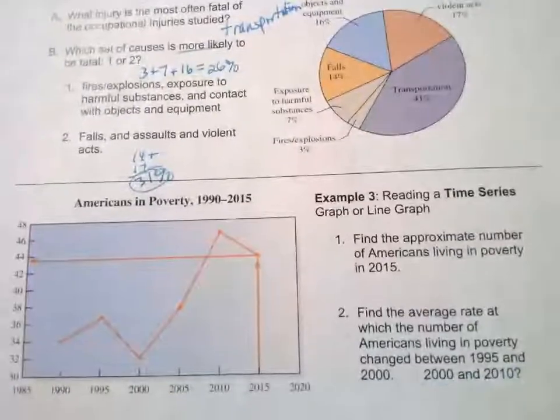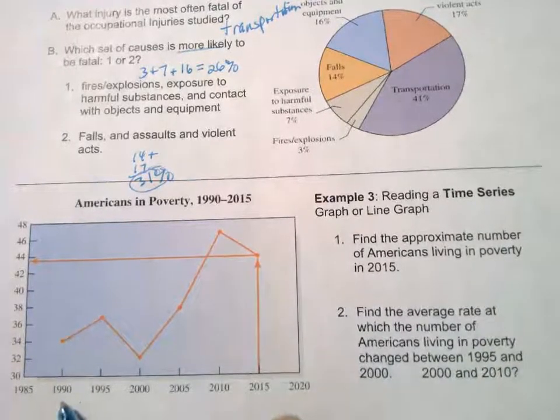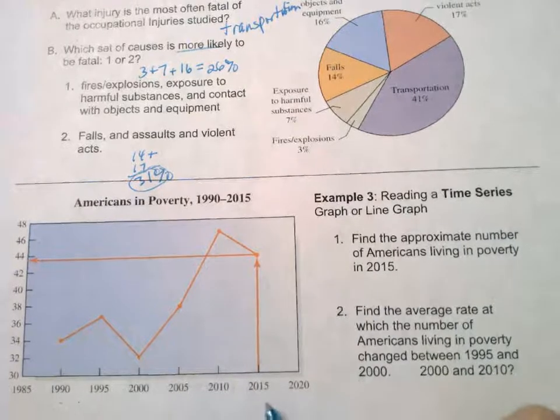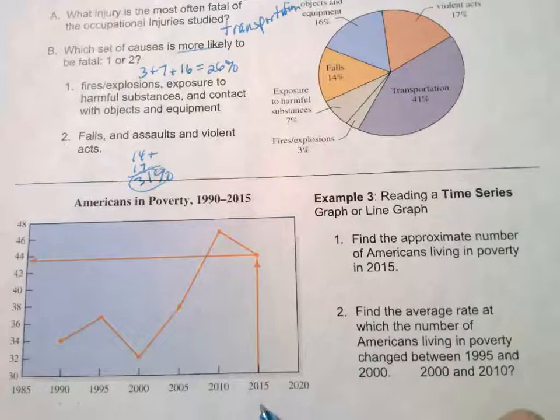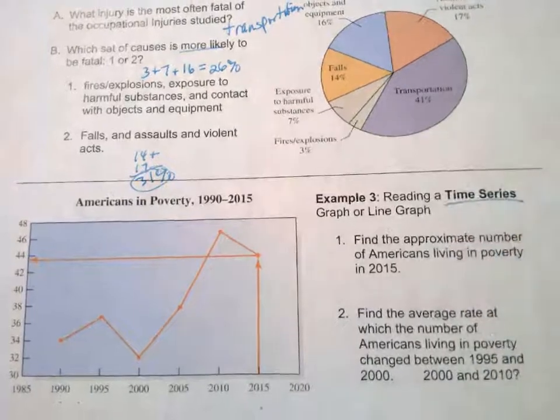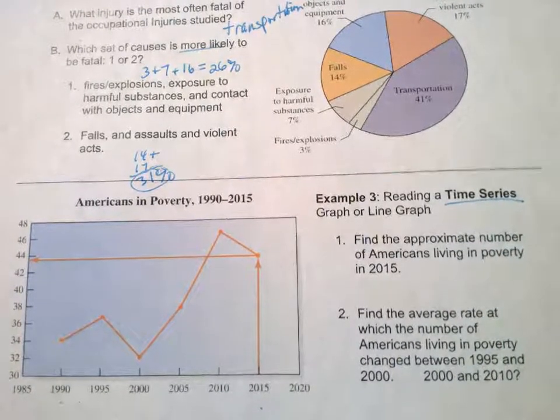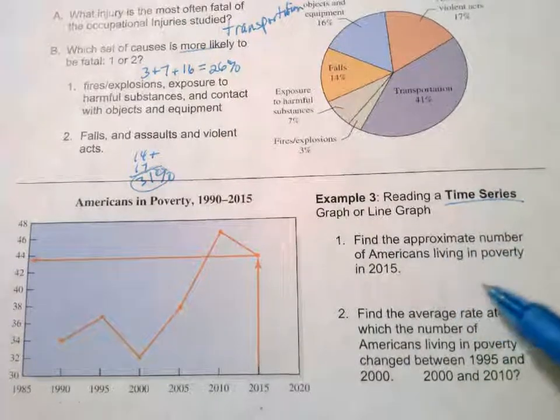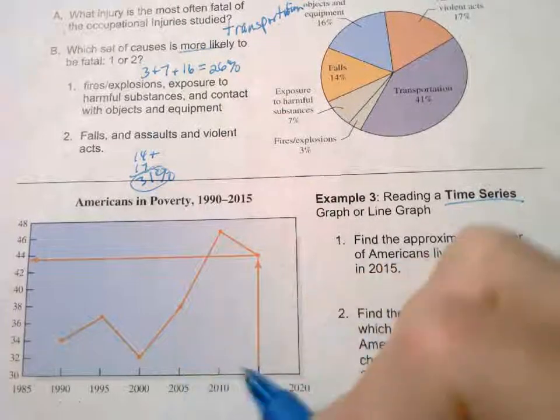Last one is Americans in poverty from 1900 to 2015. This is a time series or line graph. To read it, you want to find the approximate number of Americans living in poverty in 2015.